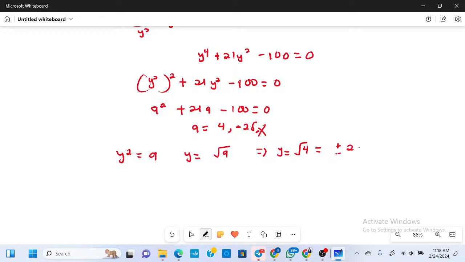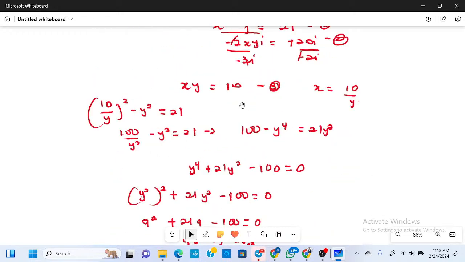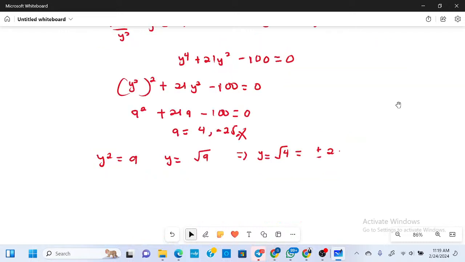We are looking out for the values of what? So let's see the question back again. We are solving for this equation. Solving for this equation, we need two roots of the equation. And to get the two roots of the equation, we are supposed to get two values for both x and y. But here we would have gotten 4 values for each.